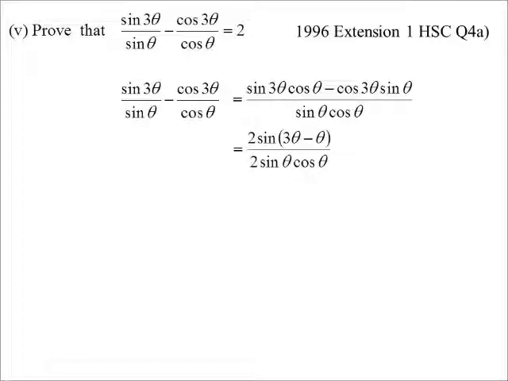Now, you'll notice what I've also done is multiply top and bottom by 2, so on the bottom I now have 2 sine theta cos theta, so we get sine 2 theta on sine 2 theta, which cancels, and gives me 2. How did I multiply by 2? I multiplied top and bottom by 2, which is equivalent to multiplying by 1.